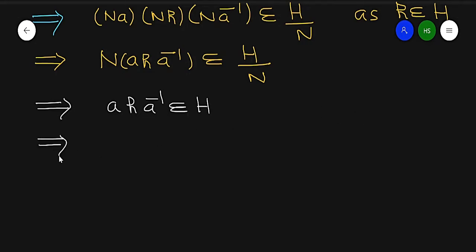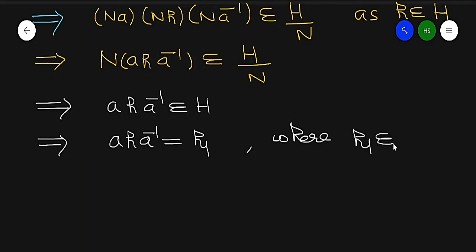So it means this element is of this kind, A h A inverse, which is equal to small h1, where small h1 belongs to capital H. So A h A inverse belongs to these values, and this value is equal to h1.